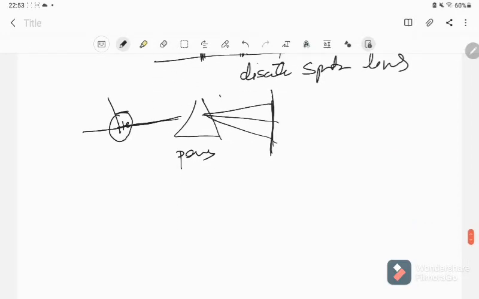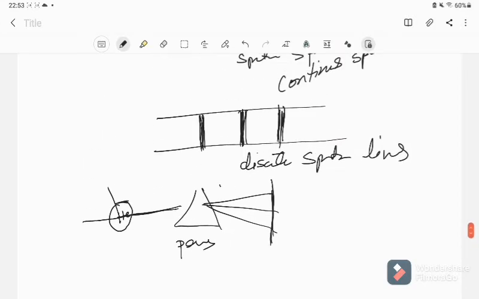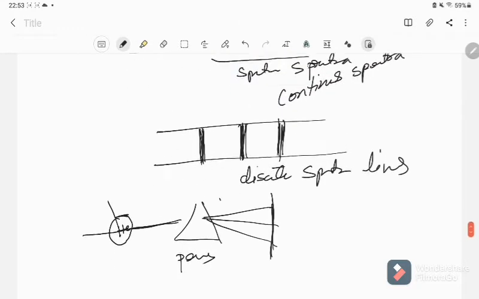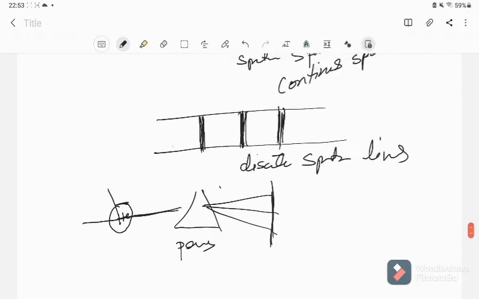Now in this helium case you will not see a continuous spectrum. You will see spectral lines like this, with gaps, and lines like this.